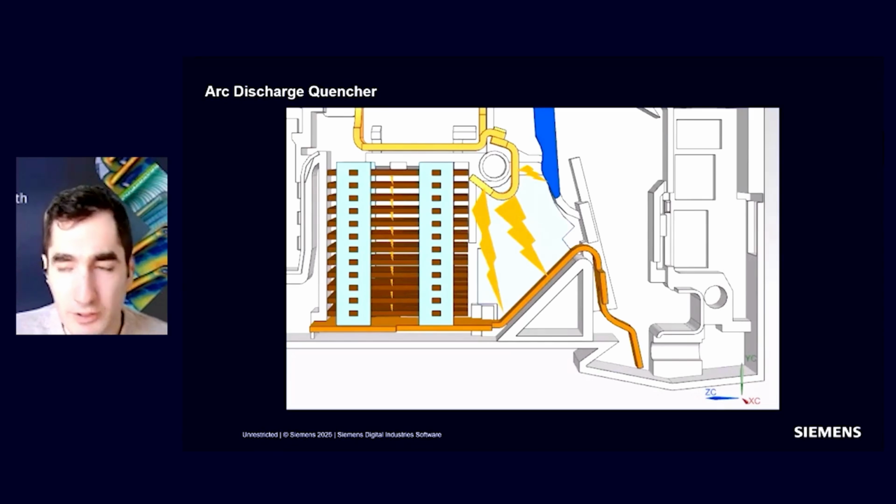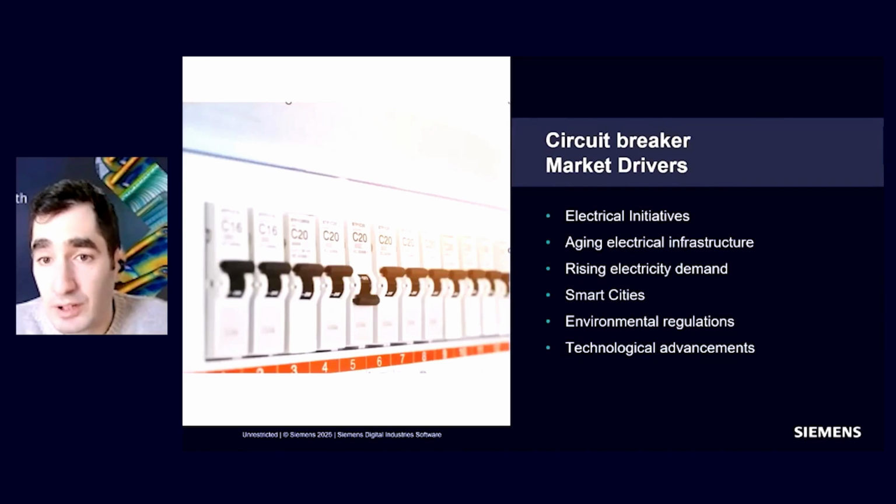Now, after explaining more or less the behavior of this physical device, let's have a look at the market drivers. A very important point is the electrification initiatives. Many developing countries are implementing electrification schemes to connect rural areas to the power grid, which is driving the adoption of circuit breakers. A second one is the aging electrical infrastructure.